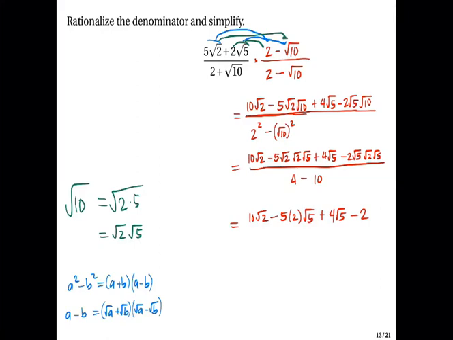And then here you have square root of 5 times the square root of 5 here. So square root of 5 here times the square root of 5 here. That's 5. And we still have the square root of 2. And then denominator, 4 minus 10, that's minus 6.